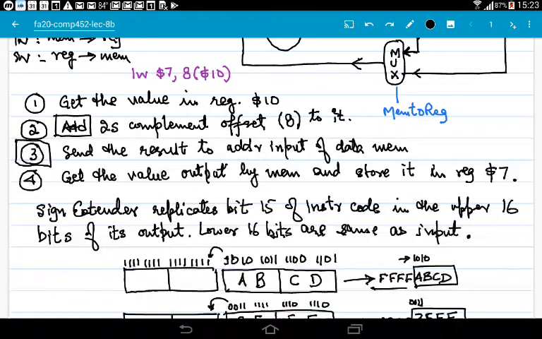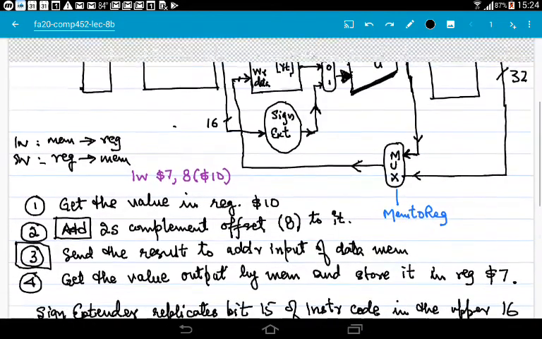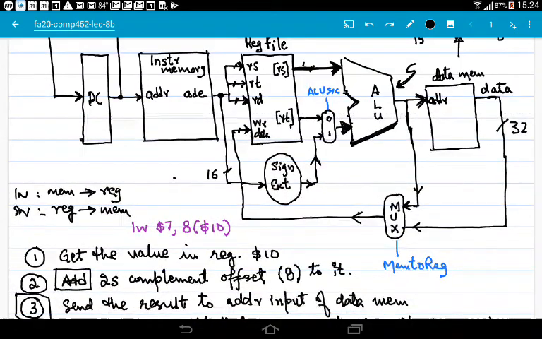The third and fourth steps are different, because now the data will be going from register to memory, not from memory to register.